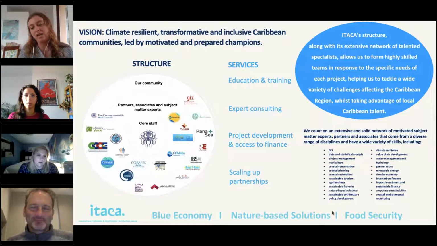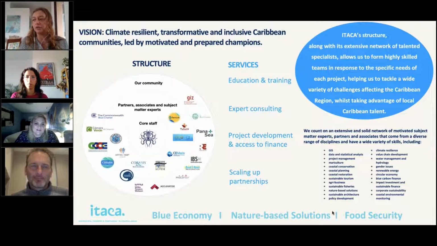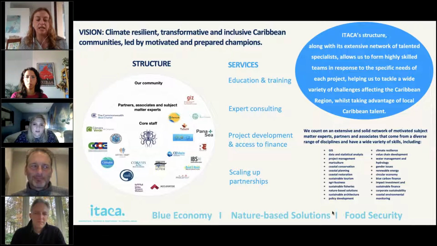Two years ago, I took a leap of faith to leave my comfortable consulting job at a big consulting firm in the UK and decided to move to Panama, where I had never been before, to start this initiative. I did so because I saw a real need in supporting Caribbean islands accelerating climate change adaptation. When you start looking at this as a complex problem for this region, you realize that if you're going to help accelerate climate adaptation, you need to tackle this problem from different fronts at the same time.